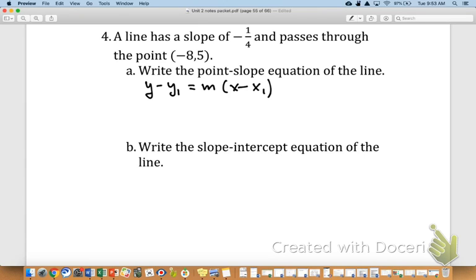Do you guys feel like you know what to do with 4A? Yes and no, because of the slope being a fraction. Does that matter? It doesn't matter at all. Oh, well then, I'm fine.